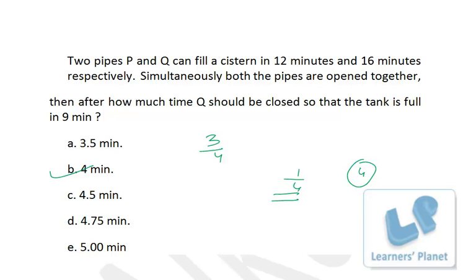So after 4 minutes you can turn off the tap, and for the remaining 5 minutes tap P will be working and will fill the tank completely, because tap P is working for 9 minutes. So after 4 minutes the tap Q can be closed. I hope you are clear.